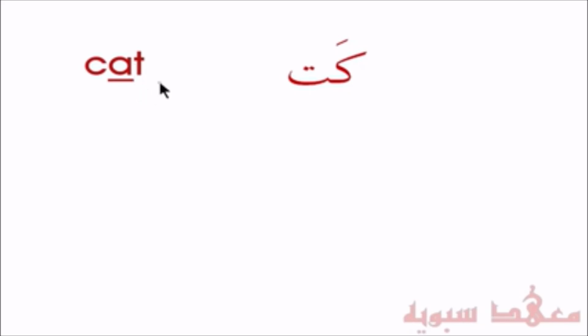It's just a stop on the T, so in this case we would put a sukoon there. Cat. If we gave it a mark, for example the fatha, it'd be kata, or katu, or kati.